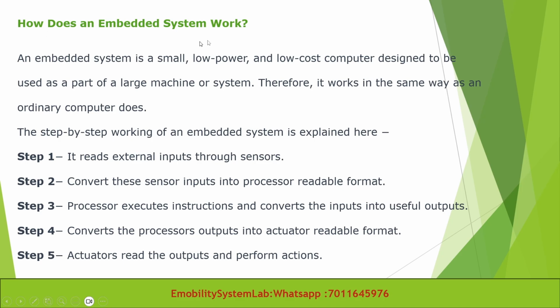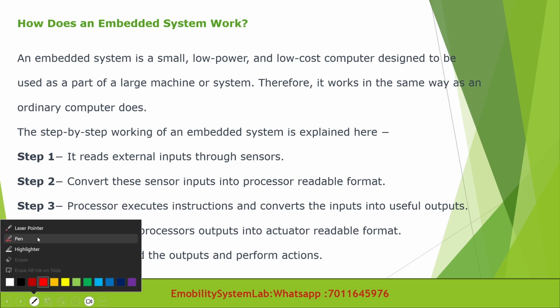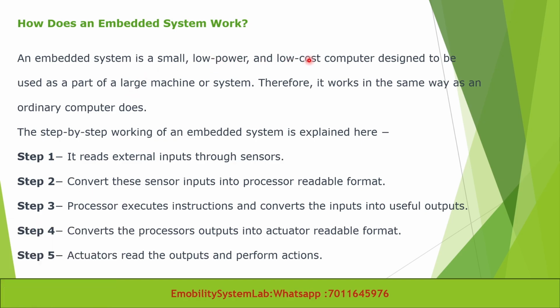So here I have written a flow basically. An embedded system is a small, low power and low cost computer designed to be used as a part of a larger machine or system. It works in the same way as an ordinary computer does.